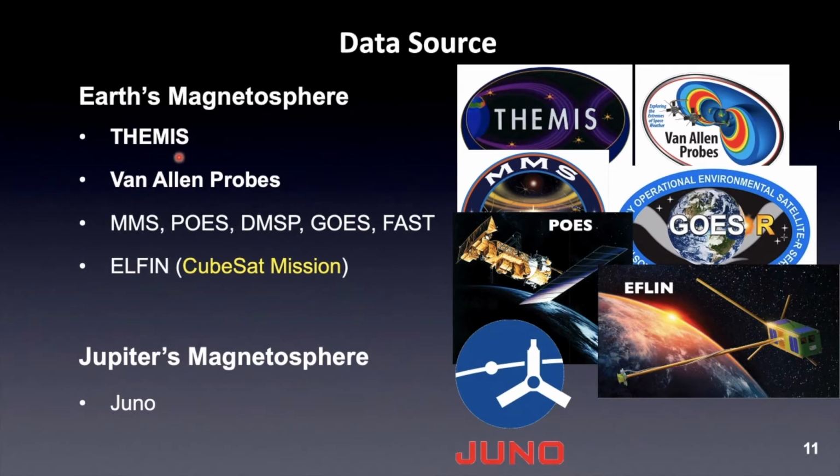Especially the THEMIS and the Van Allen Probes missions, which the work I will talk about today heavily relies on. I've also been working on a mission called ALPHA, which is a CubeSat mission, a smaller-size satellite, and a mission called Juno that went into Jupiter's magnetosphere. But these parts are not covered in today's presentation because of time constraints.